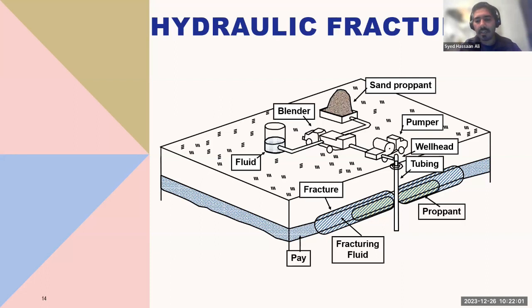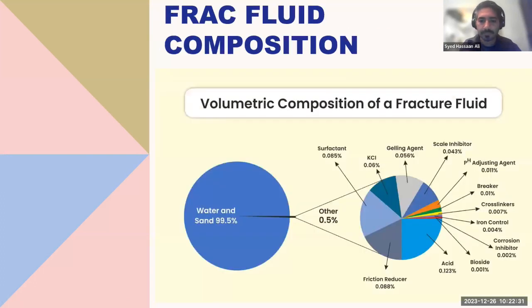And then at a very high pressure, they are injected through a fluid delivery system, which we are going to talk about in coming slides, into the wellhead and into the casing. And then you can see over here that this is your pay zone, and your proppant is pushed to keep the fissures open, while the fracking fluid will extend to make sure that the pay zone intersects very well with your frac zone.